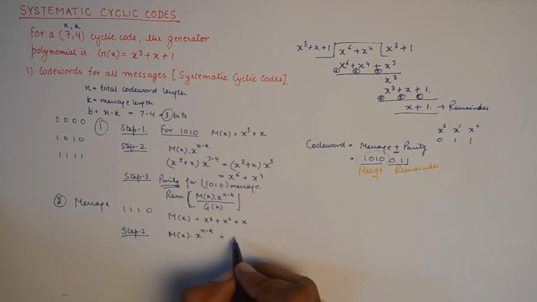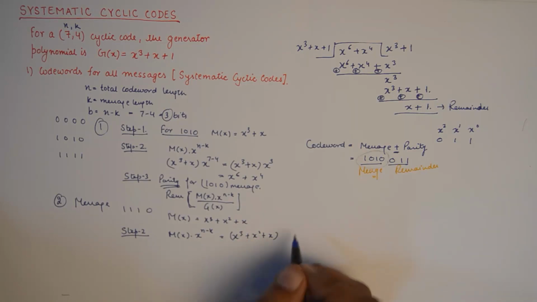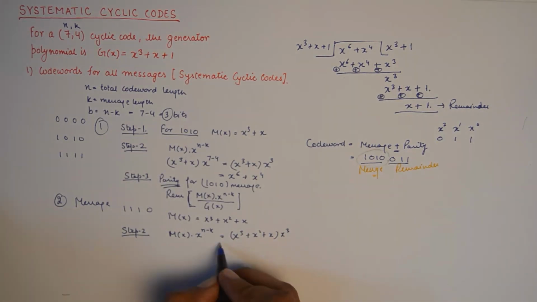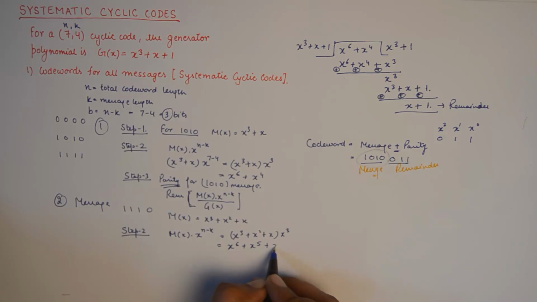So it will be x cube plus x squared plus x multiplied by x cube. So I get x raised to power 6 plus x raised to power 5 plus x raised to the power 4.